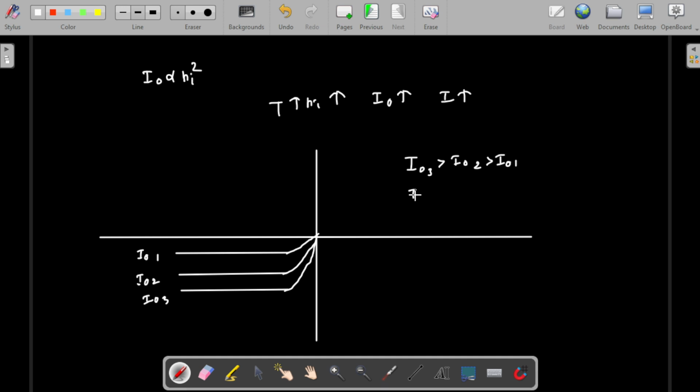This is because the temperature at which the diode is operating, T3, will be greater than T2 and T1. That is the reason for the current to increase. So if we increase the temperature, then the reverse saturation current I naught will also increase. Whenever there is a change in temperature, these current values will also change. I hope it is understood for you guys.